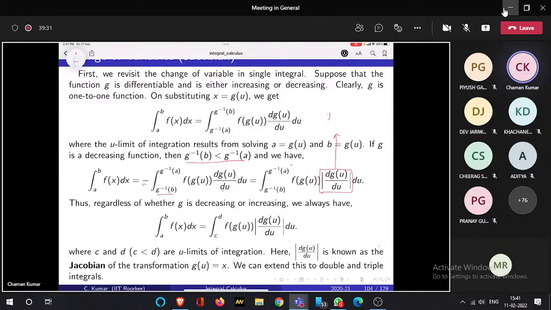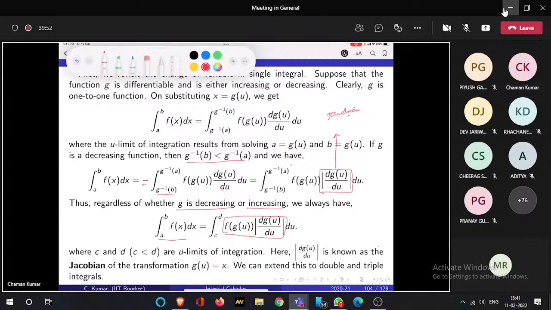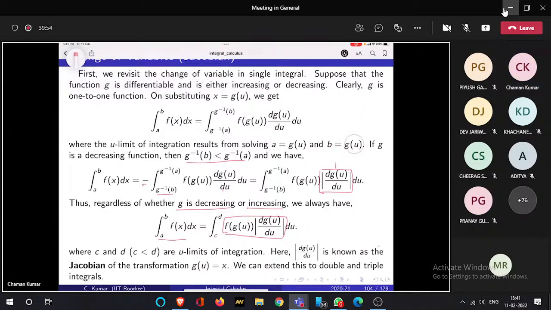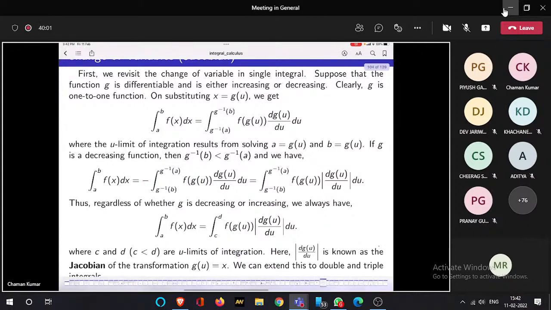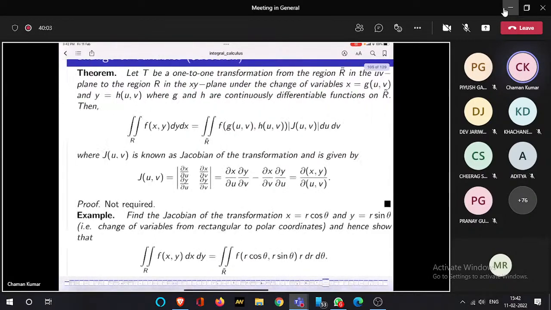So this becomes the Jacobian in this case. Okay. So regardless of whether g is decreasing or increasing, the integral of f over the range a to b is equal to the integral of this quantity over the range c to d. Okay, so this is known as Jacobian.